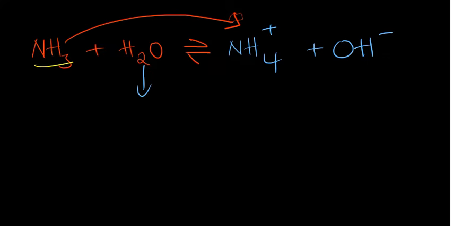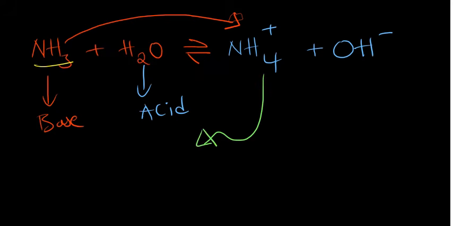Water is an acid. Why? Because it has donated a hydrogen, and NH3 is a base because it has accepted a proton. Okay, so I can take this chance to explain what conjugate bases and conjugate acids are.